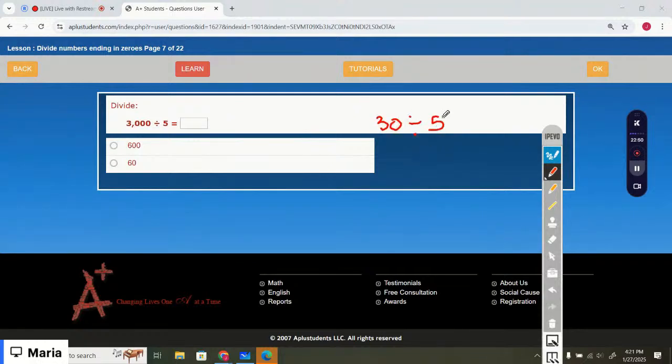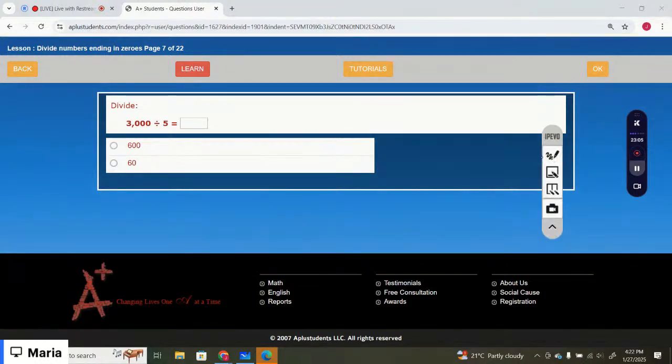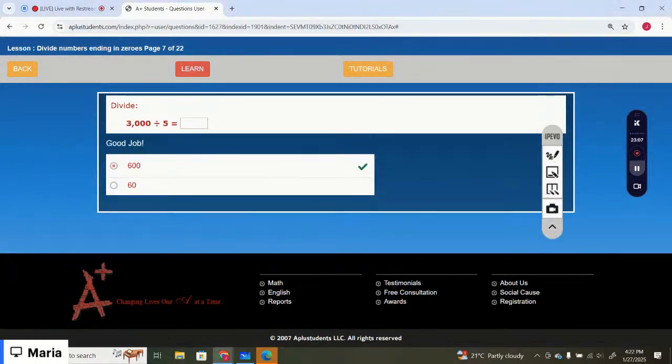And 30 divided by 5 is 6, because 5 times 6 is 30, right? You are left with 2 more zeros, so that is very good. The correct option is 600. Option number 1 is the correct option.